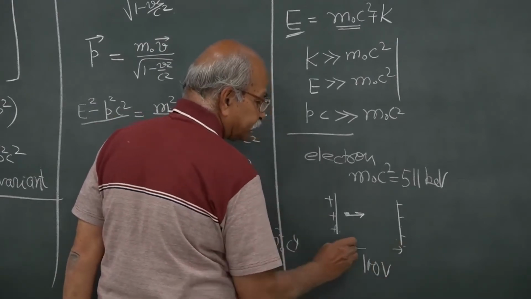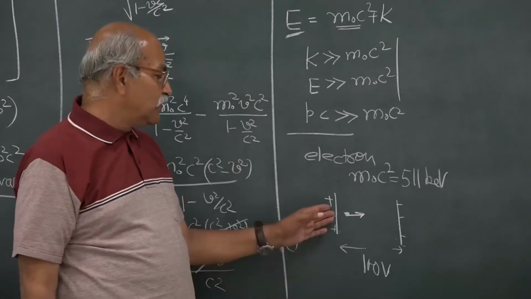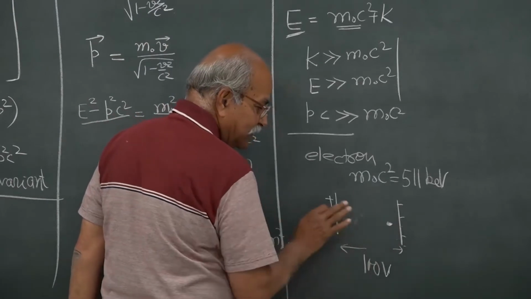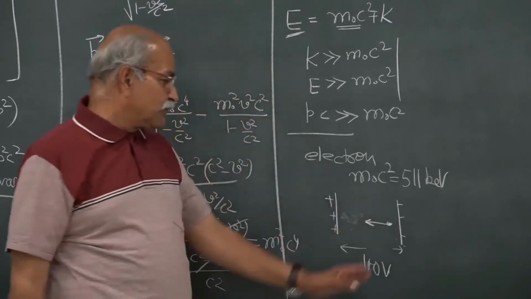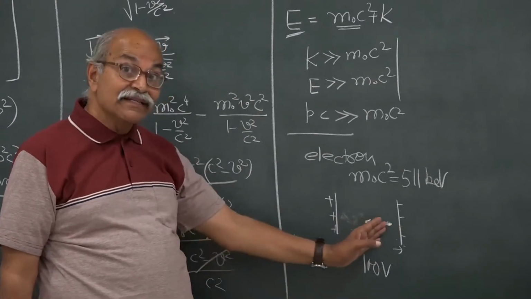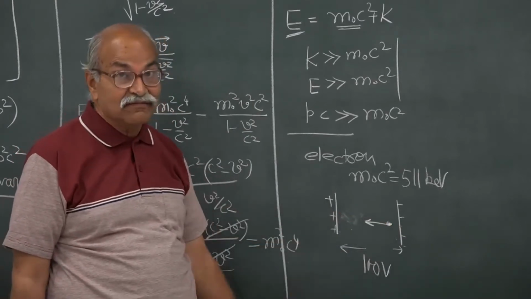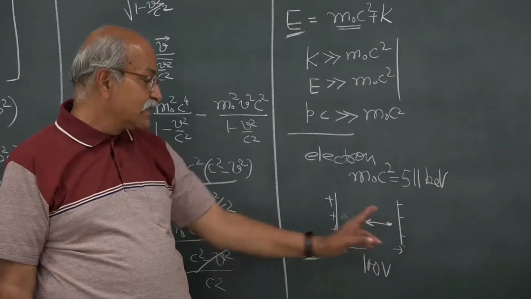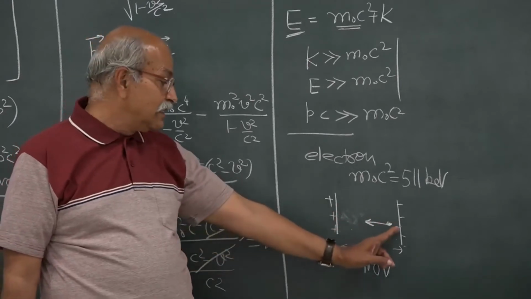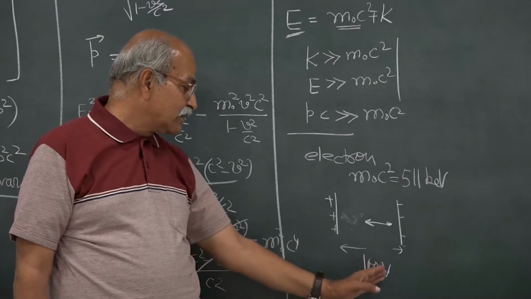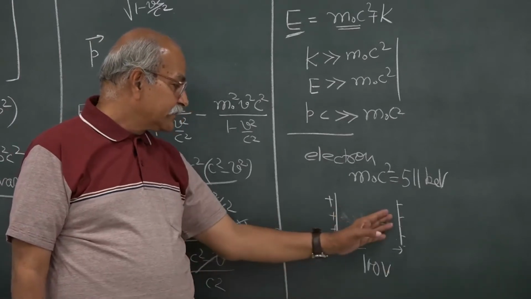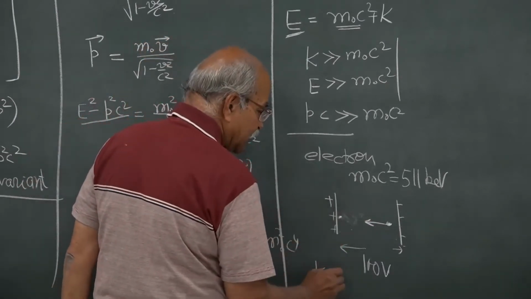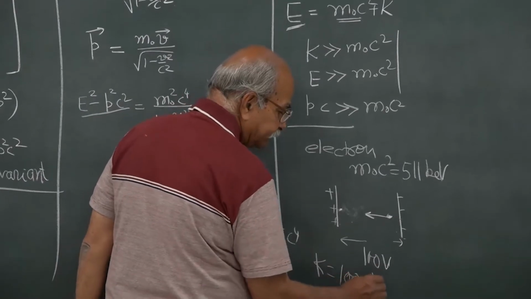So, the field is in this direction, so force is in this direction. When it reaches here, the kinetic energy is increased by 100 electron volts. If it is released from rest from this plate and reaches here, the potential energy decreases and the kinetic energy increases. So, when it reaches here, the kinetic energy becomes 100 eV.